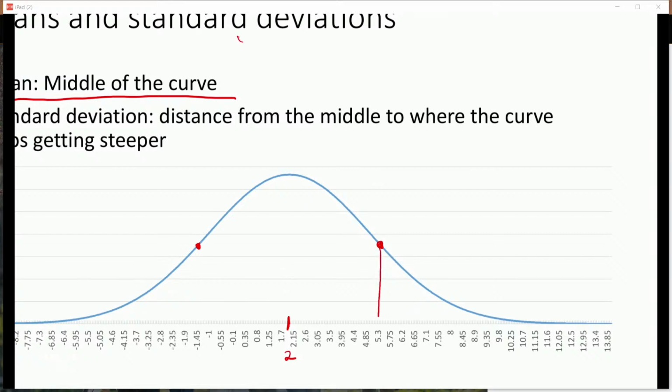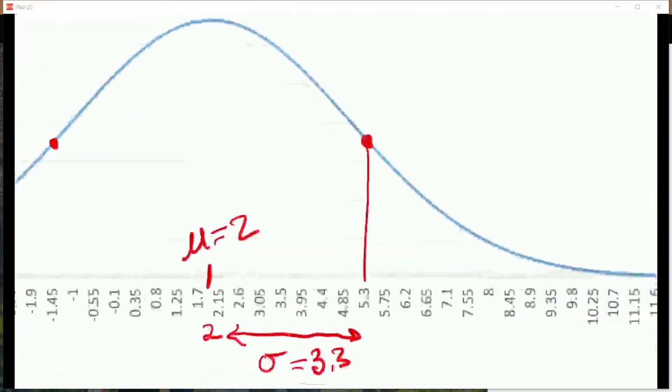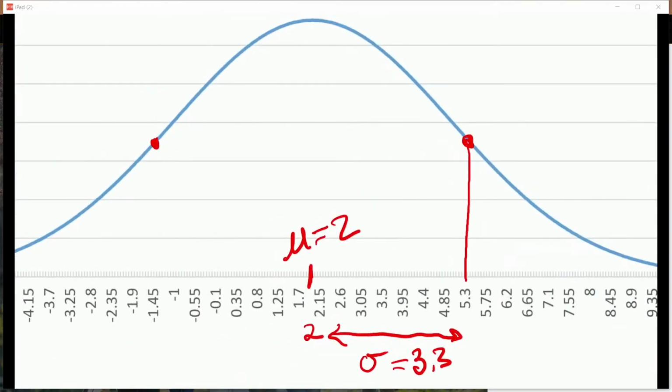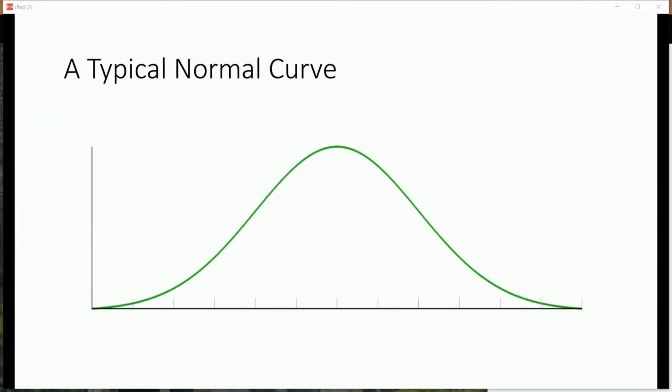So this distance from there to there, to me, looks like the standard deviation is about 3.3, if you believe those numbers down there, because the distance between 2 and this point is the standard deviation. It's going to be the same in this direction as well. If you subtract 3.3 from 2, you get negative 1.3. So that's pretty simple.